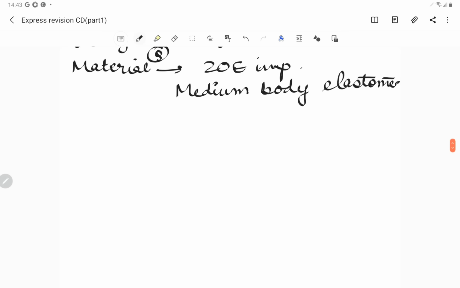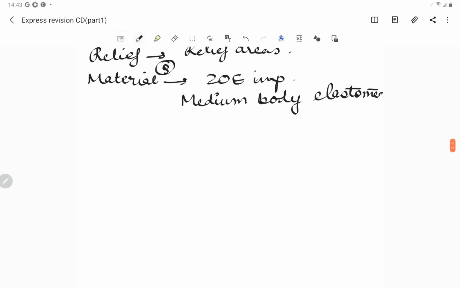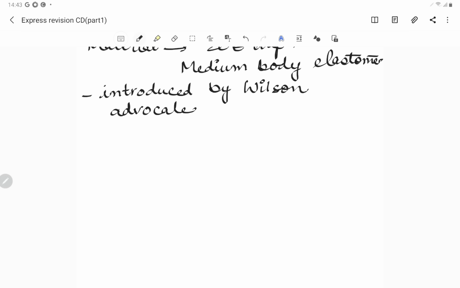Right. So in this selective pressure technique, pressure is not uniform. We are putting pressure on the stress bearing area, which we have covered in the anatomy, and non-pressure in the relief area, that also we have covered in the anatomy. The selective pressure theory was introduced by Wilson in 1920 and advocated by Boucher in 1943.